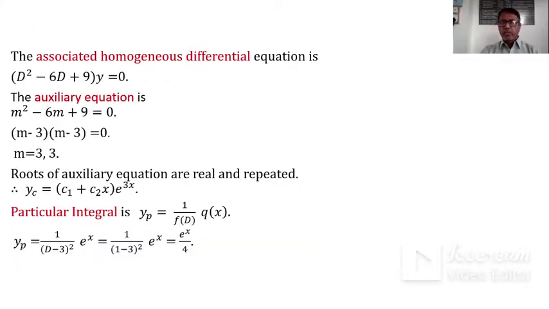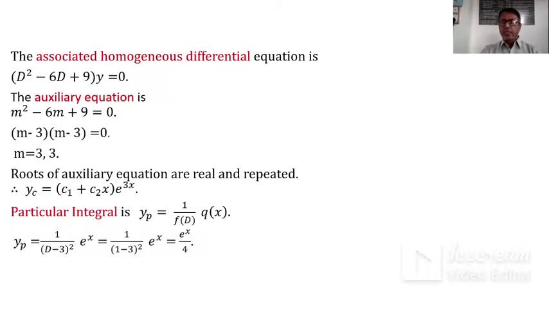From this, the associated differential equation is this. Then we take the auxiliary equation as m square minus 6m plus 9 is equal to 0. Then its roots are 3, 3. Factorize this: m minus 3 bracket square is equal to 0. The roots are real and repeated.